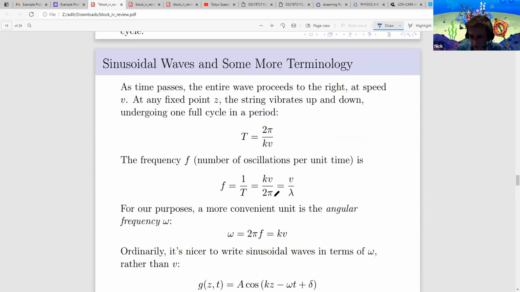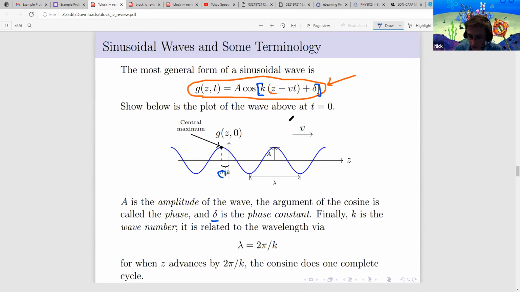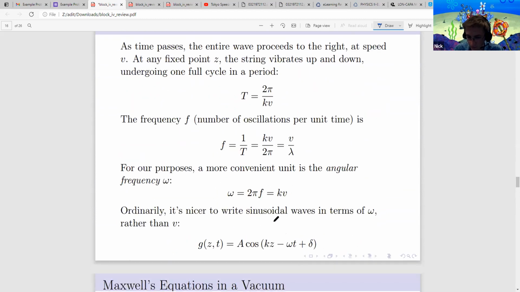There's usually an easier way to express waves, though, because I find this form a little bit daunting. What I like to do, and what we do most of the time in this class, is instead consider the frequency, which is just 1 over the period of the wave. And then once we have the frequency, we can calculate the angular frequency, omega equals 2 pi times f. And then our wave equation just simplifies to this.